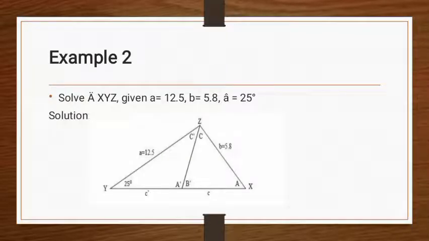Example 2. Solve triangle XYZ given a is equal to 12.5, b is equal to 5.8, and angle A is equal to 25 degrees. Solution.